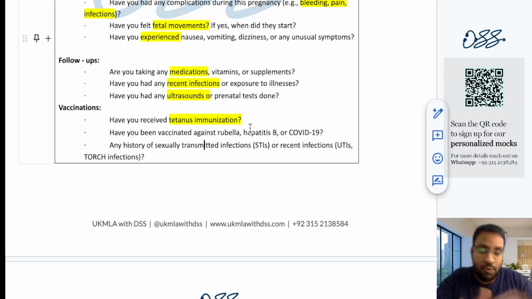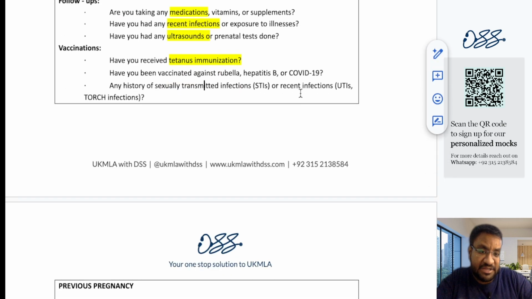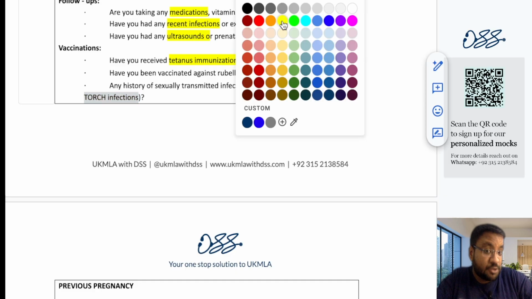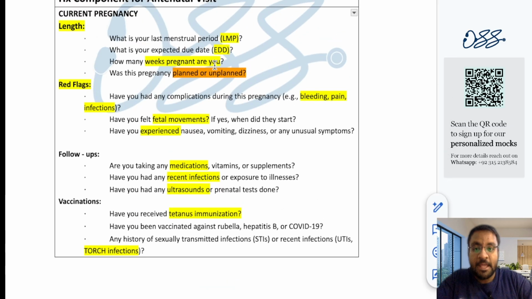Congenital rubella syndrome in a baby is a very common complication in women who are not vaccinated against rubella. And then have you had any recent infections, any TORCH infections? A very important thing, as a doctor you should be aware of the TORCH infections when you are dealing with pregnant women.